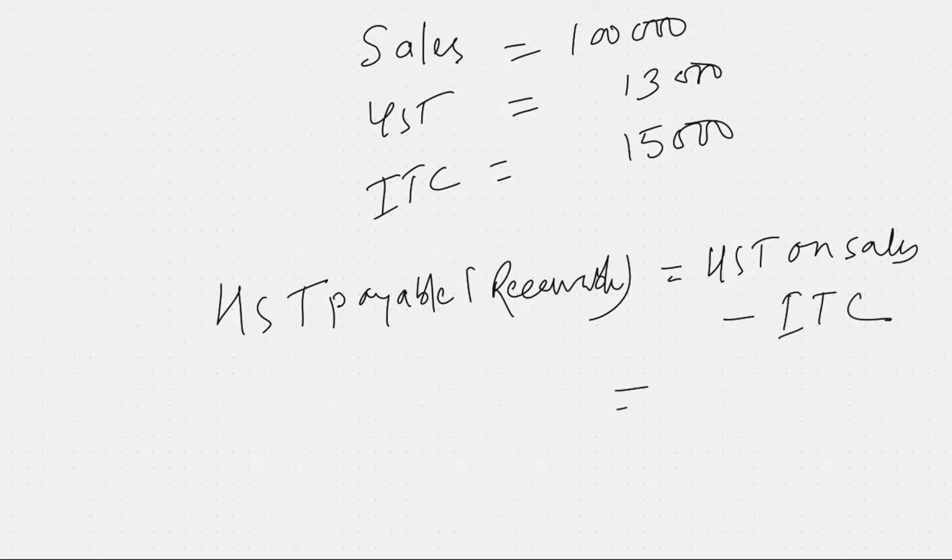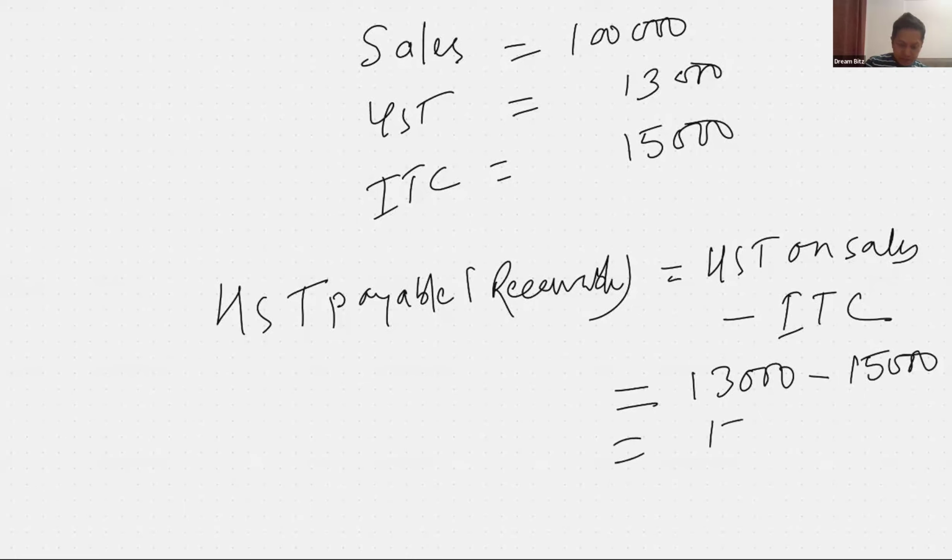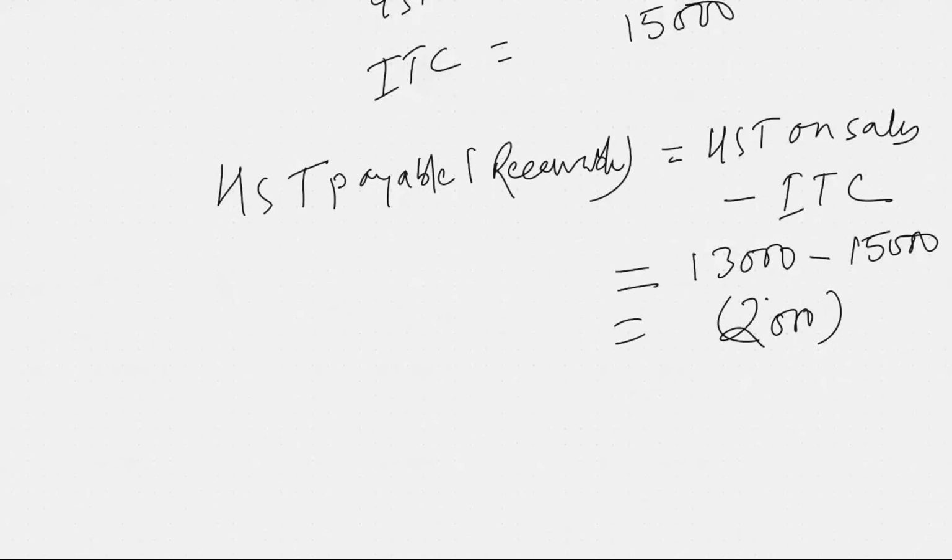So in this case, the HST on sales is $13,000 minus $15,000. What is the value? 2,000, receivable. Yes. Now you may get $2,000 of refund from the CRA when you file your HST return.